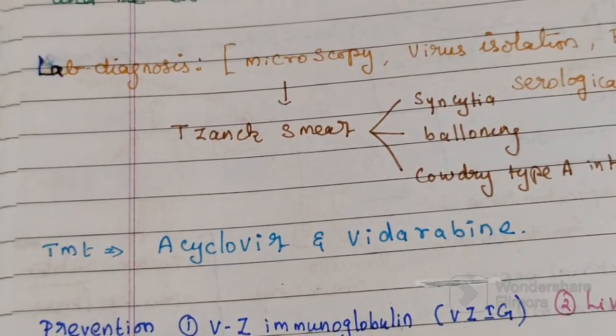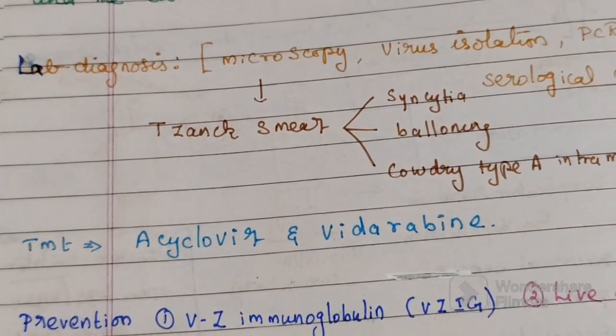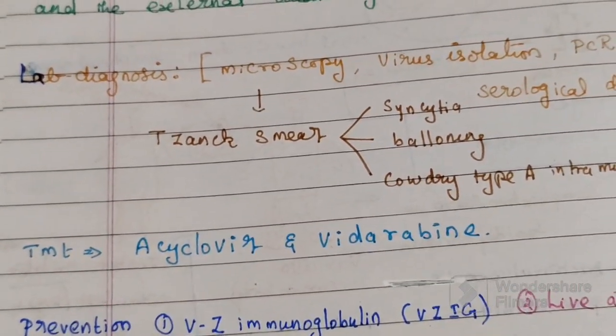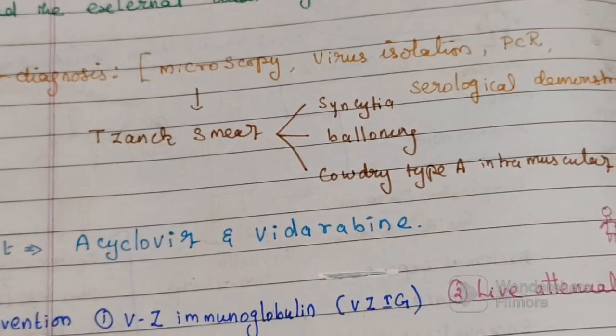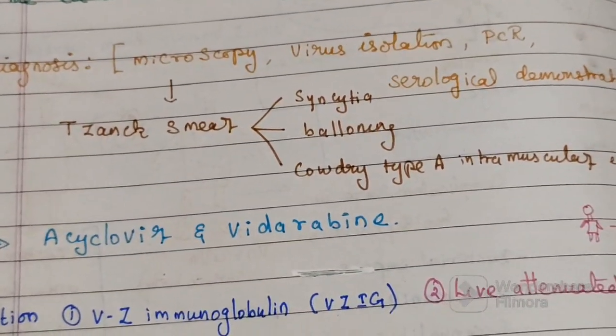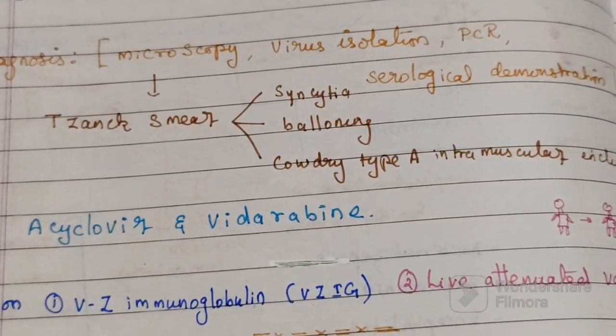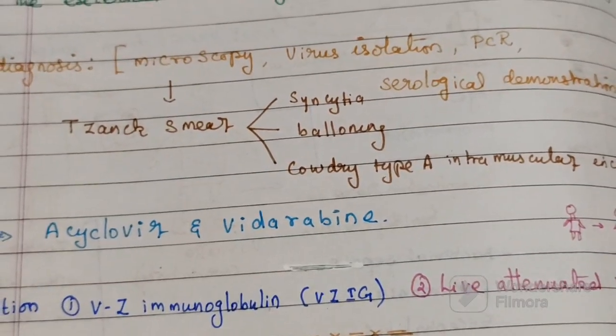Laboratory diagnosis: the four ways of diagnosis we already discussed in herpes simplex virus 1 and 2, same methods only: microscopy, virus isolation, PCR and serological demonstration.